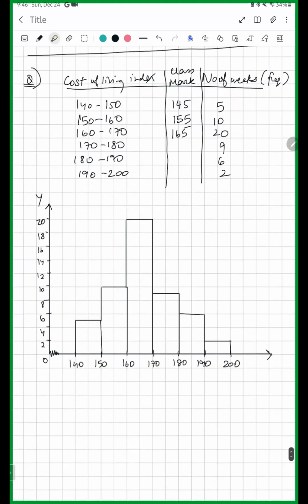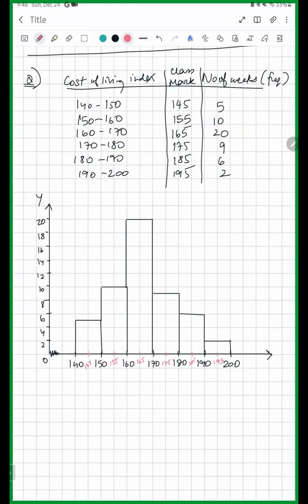All right, so frequency polygon: 145, 155, 165, 175, 185, 195. So 145 is going to be here, right? I have to write it very small. 155, 165, 175, 185, 195.